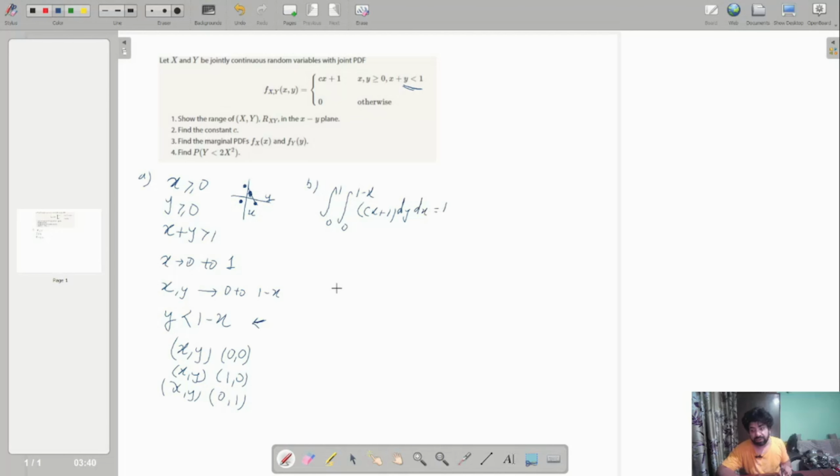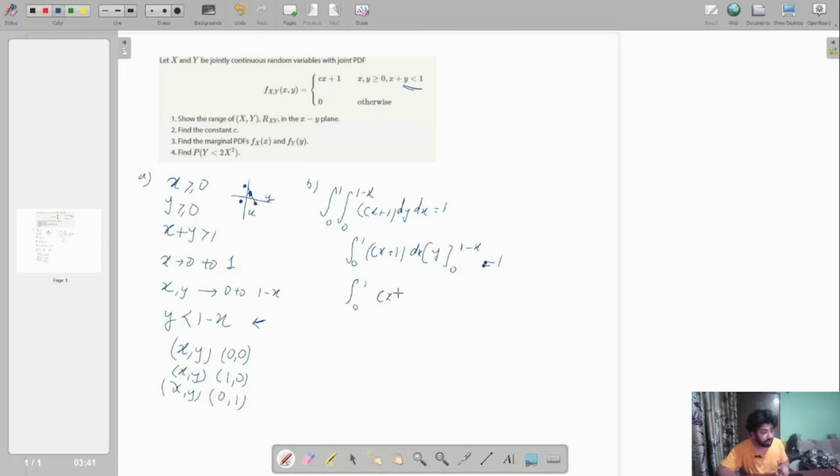Now we have to solve this and do the integration. So I will have the integral from 0 to 1 of cx plus 1, and I write dx also here. Integrating dy gives y, so the whole thing equals 1.